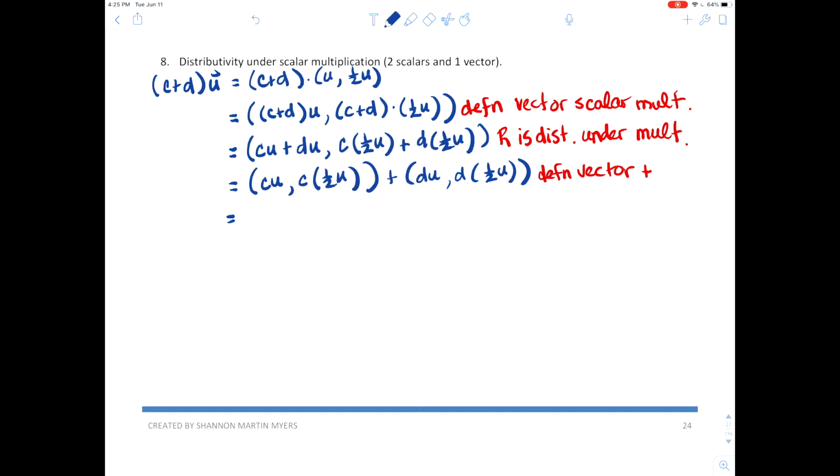Bring out the C and the D using the definition of vector scalar multiplication.